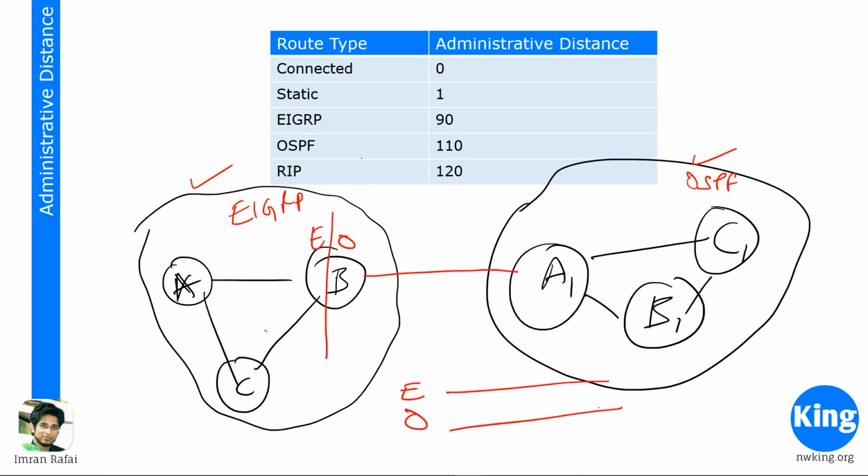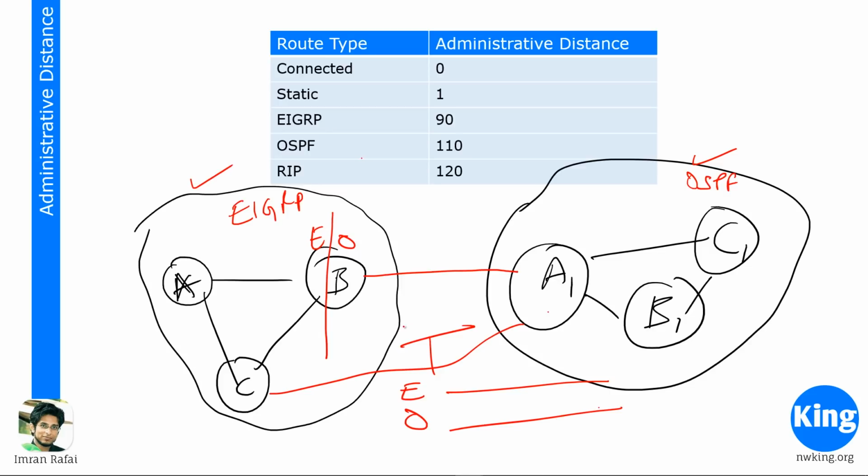But for some reason, let's assume there's some type of interconnection. Now you have a particular network that is learned by both. OSPF also has a link to that network, and EIGRP also has a link to that network.